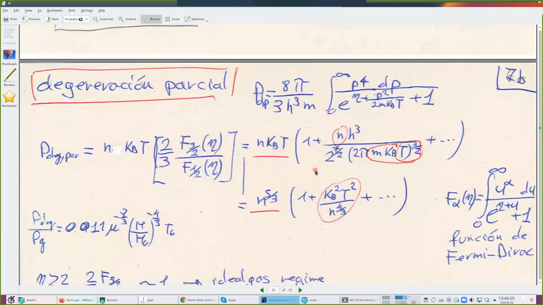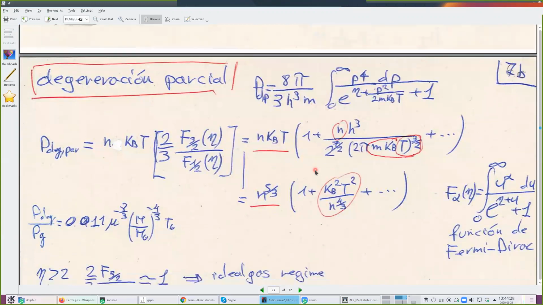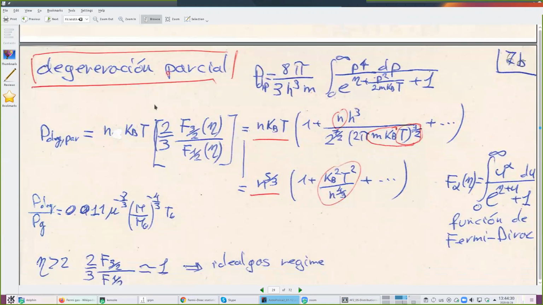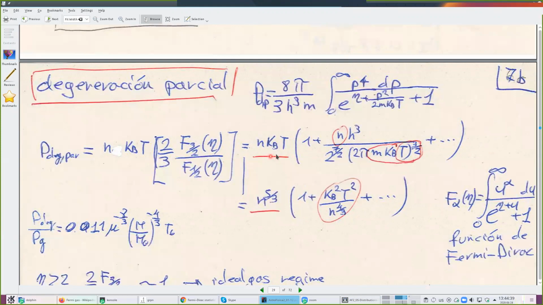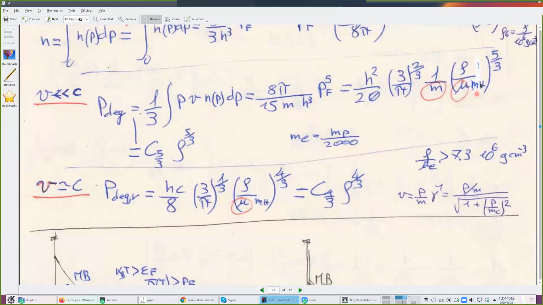I said you cannot always have perfect degeneration, never, because you have the electrons, but electrons are not the only ones. You also have all the ions, and you see here they depend on the mass for the non-relativistic case. For the relativistic particle, the pressure just depends on the molecular mass, doesn't depend on the composition, and doesn't depend on the mass of the particle.